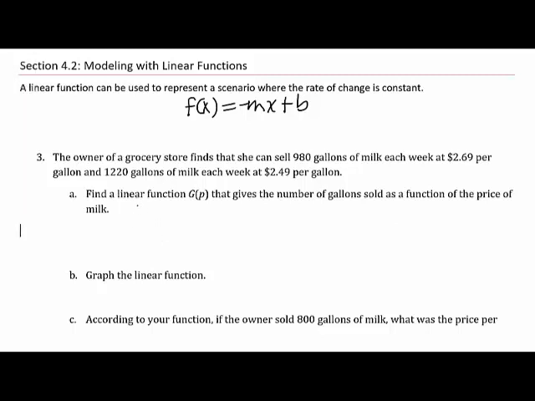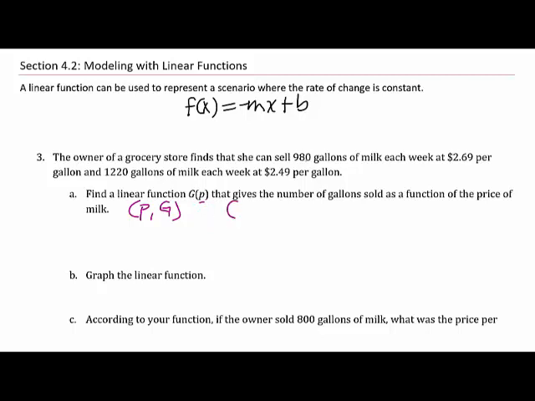To start, I'm going to write a couple of ordered pairs using this given information. Notice that they're going to be of the form p then g, since p is the independent variable and g is the dependent variable.